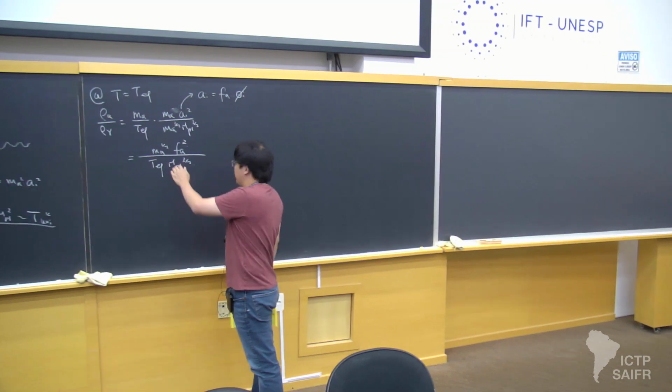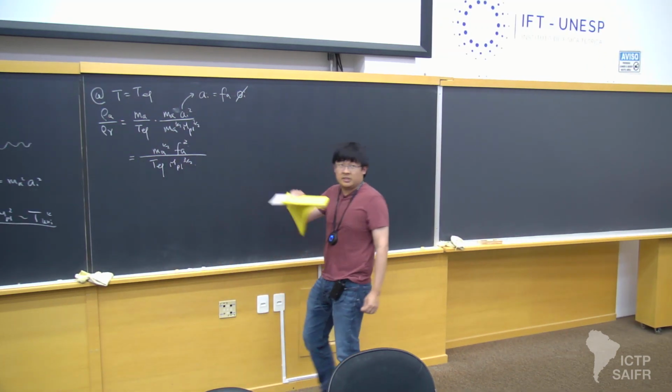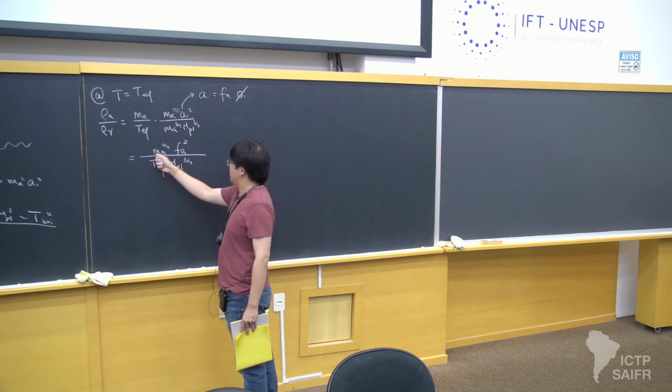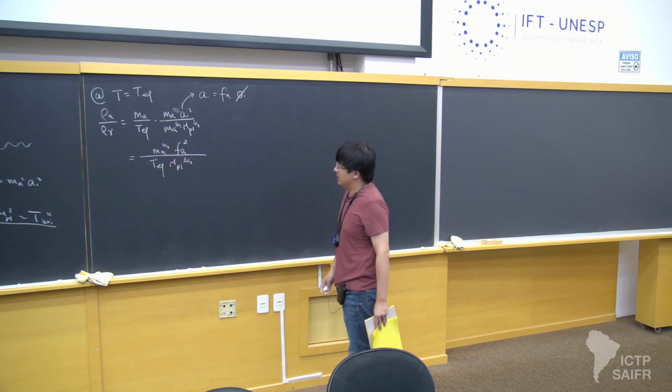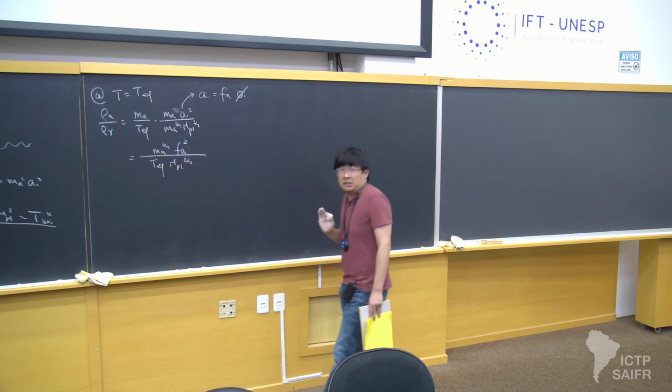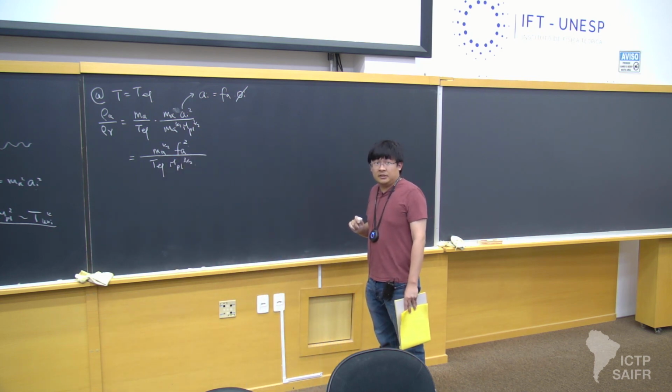So this is not great, because there is a relationship these 2 parameters can satisfy, but I don't know what ma and Fa will give me dark matter, right? So I need another relation.